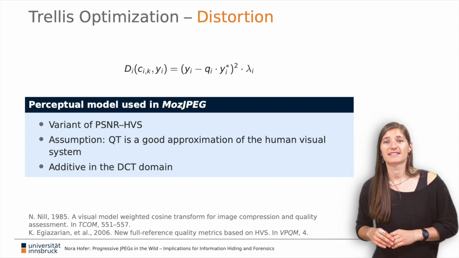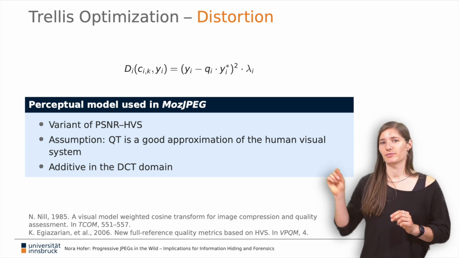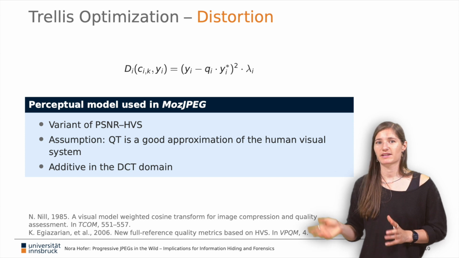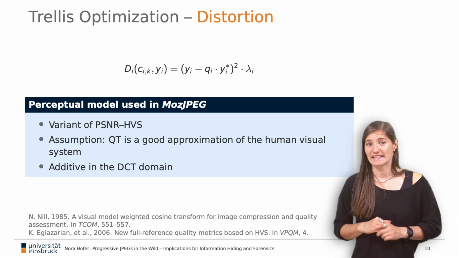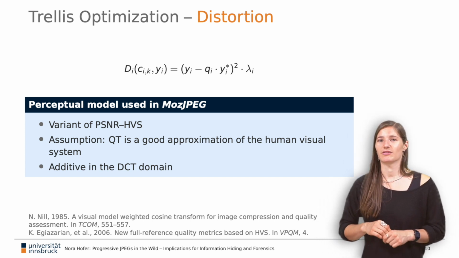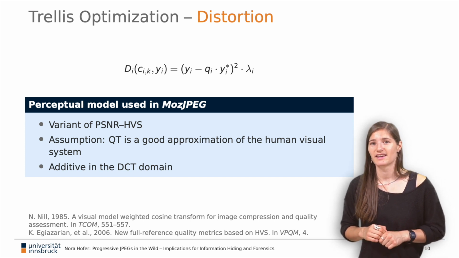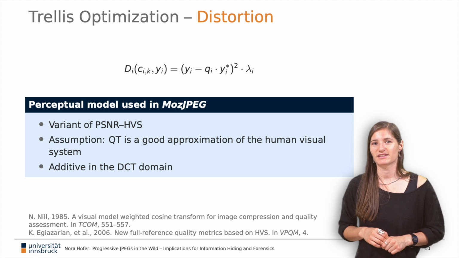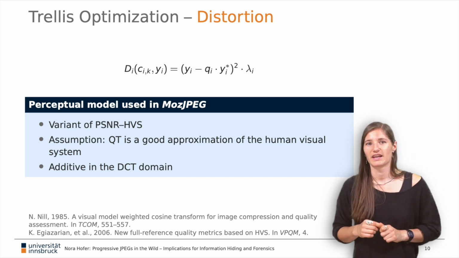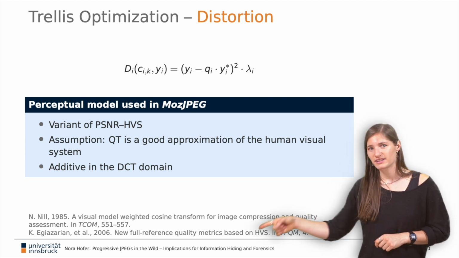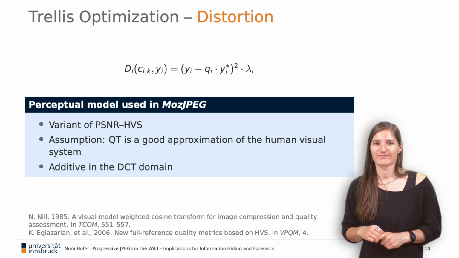The distortion is then multiplied by lambda_i, defined in most JPEG's perceptual model. This model is a variant of PSNR-HVS, where HVS means that the metric is adapted to the human visual system. If you want to learn more about it, you can look up these 2 papers.